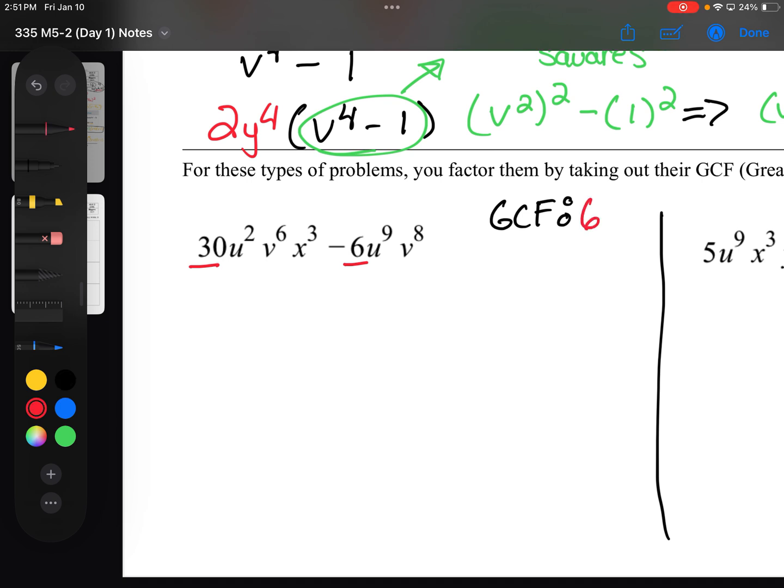Both have a 6. Now I'm looking at the u's. They both have at least u squared. Now I'm looking at the v's. They both have at least 6 v's. And then the x's, well, the other one doesn't have an x, so they can't have a GCF that has an x. So remember, you're dividing that out now.